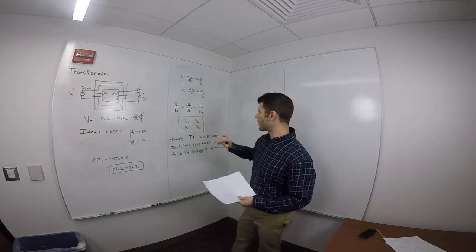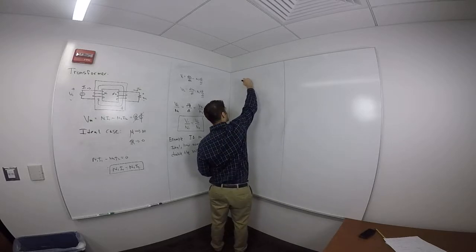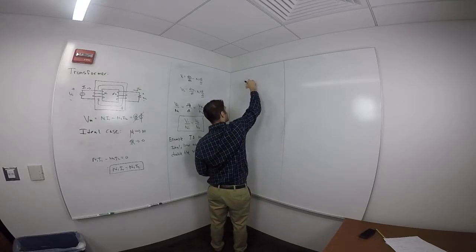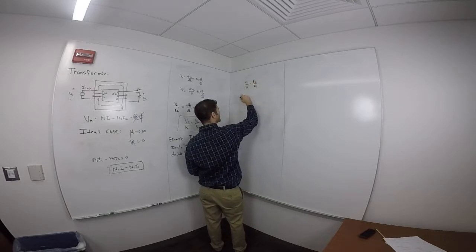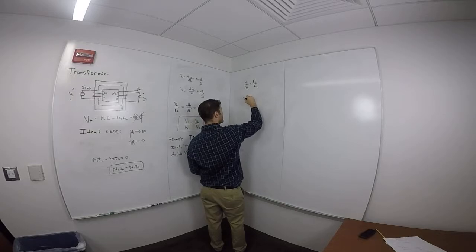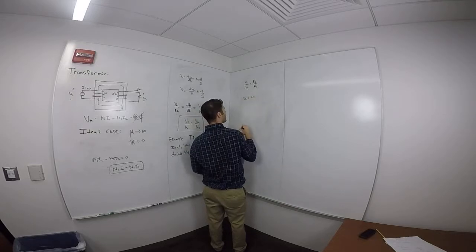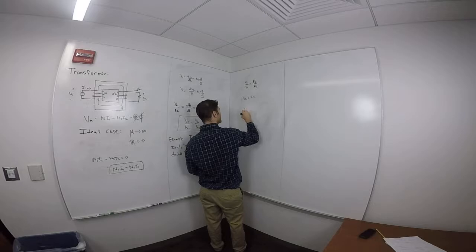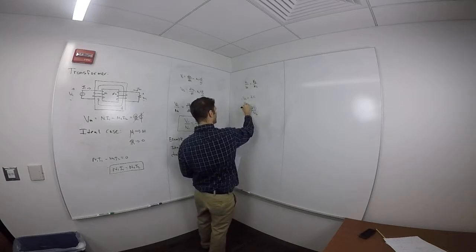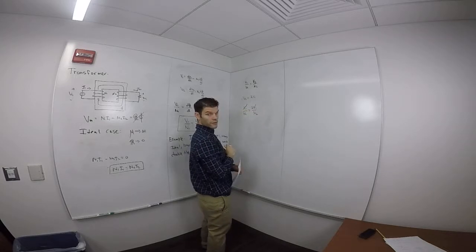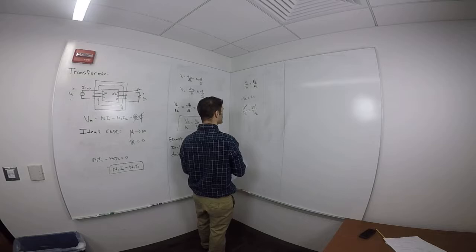Well, let's just look at our equation right here. V1 over N1 is equal to V2 over N2. Well, we know that V2 should be twice V1. So V2 is equal to 2 times V1. Replacing that, V1 over N1 is equal to 2V1 over N2. Okay, these V1s will just cancel out, so you see it's independent of the actual voltage.